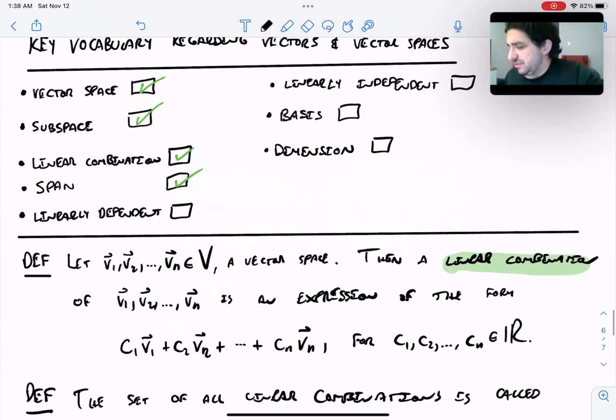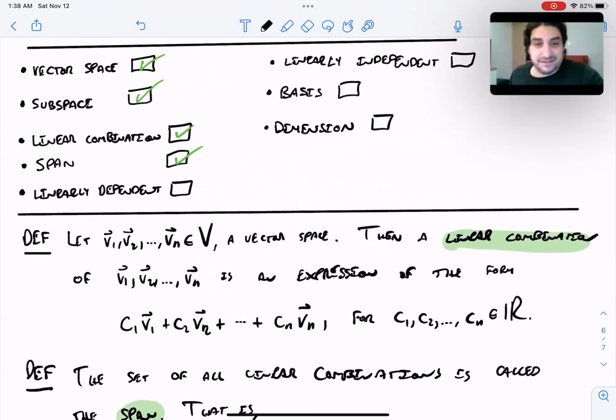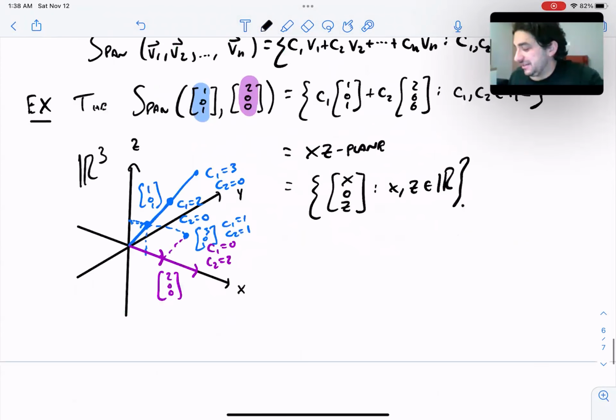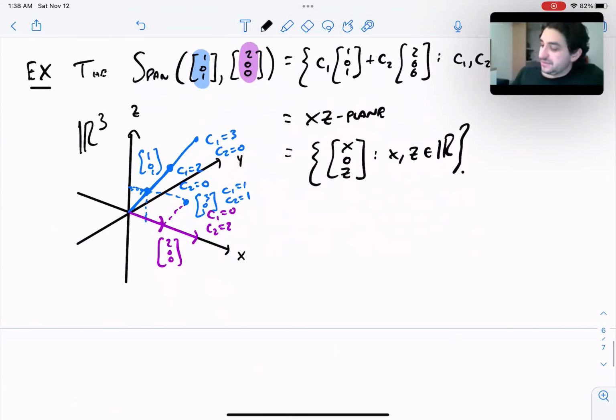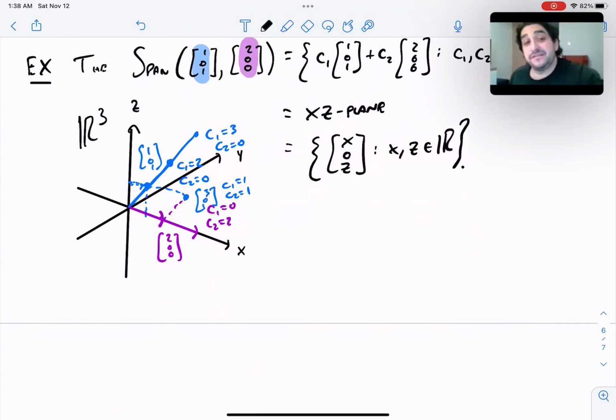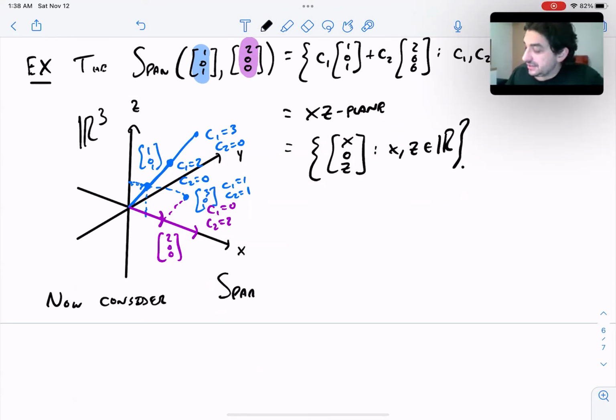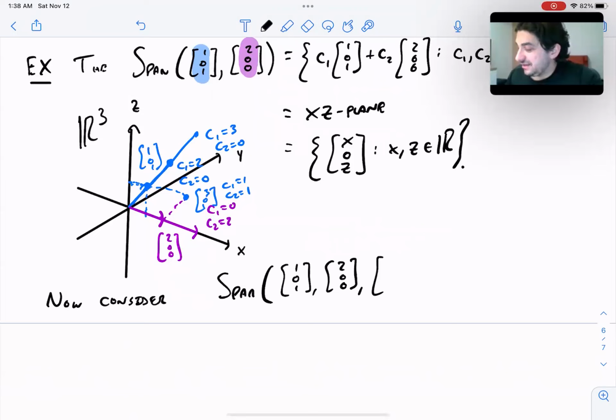So what is linearly dependent and what is linearly independent? Here's the idea. Suppose I was going to toss another vector into this span. Suppose I wanted to consider the span of (1, 0, 1), (2, 0, 0), and (3, 0, 1).